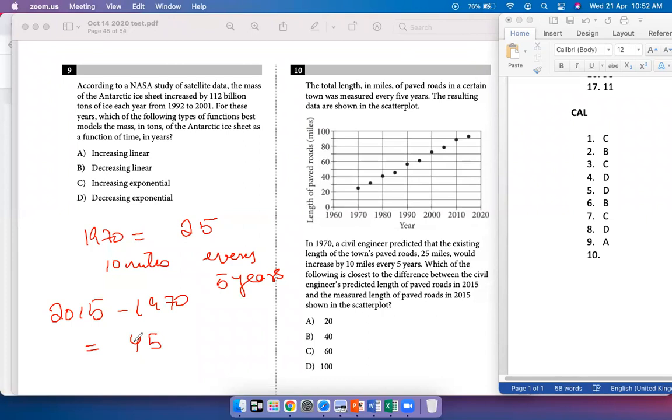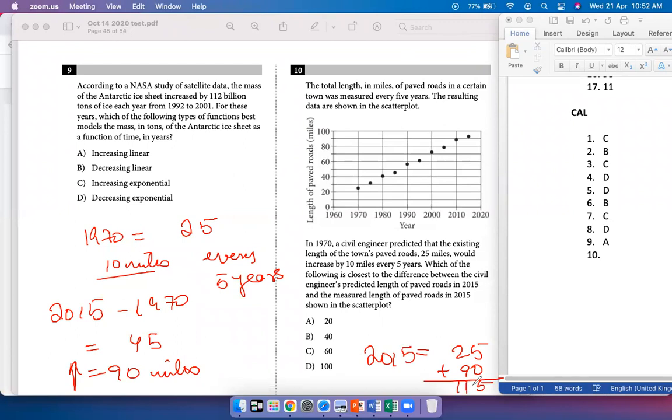So the increase over this period should have been 90 miles, because 10 miles every 5 years, 9 5-year blocks. Which means the value in 2015 should be 25 plus 90, which is 115, right? So it should be 115.